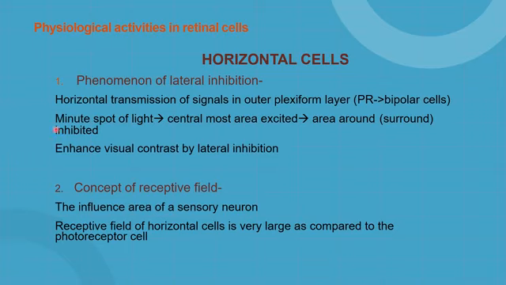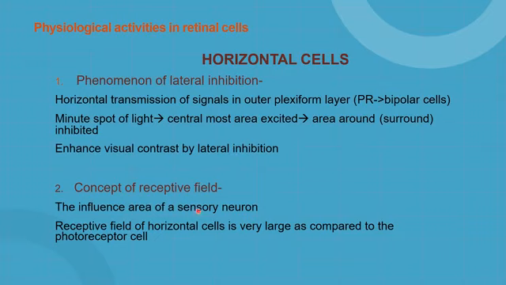So here the horizontal transmission of signals in the outer plexiform layer will be present. A minute spot of light, that is the centralmost area, will be excited and the surrounding area will be inhibited. That is, the peripheral bipolar cells will be inhibited. So this enhances the visual contrast.